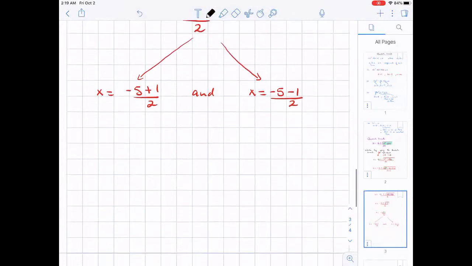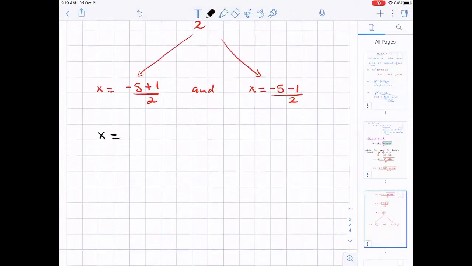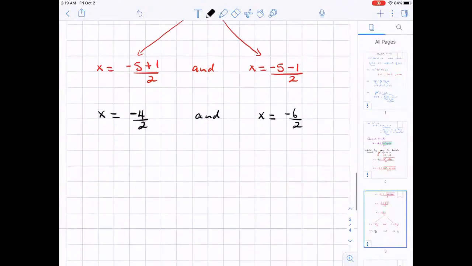And then finally, we have x is equal to minus 5 plus 1 becomes minus 4 over 2. And x is equal to minus 5 minus 1 now becomes minus 6 over 2. Simplifying minus 4 over 2, that becomes negative 2.